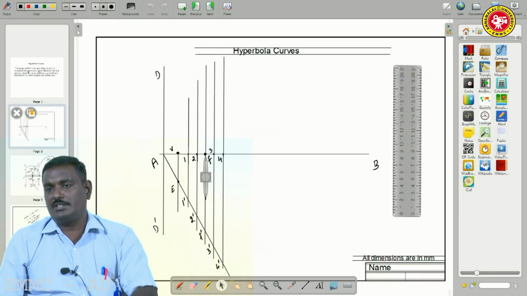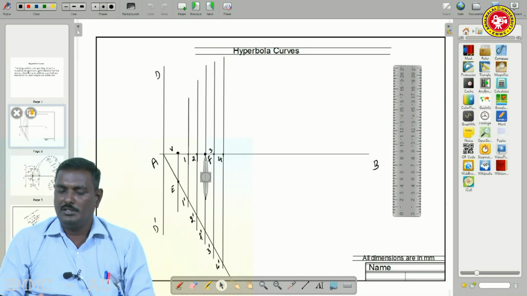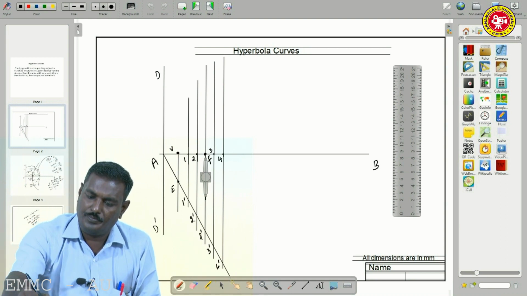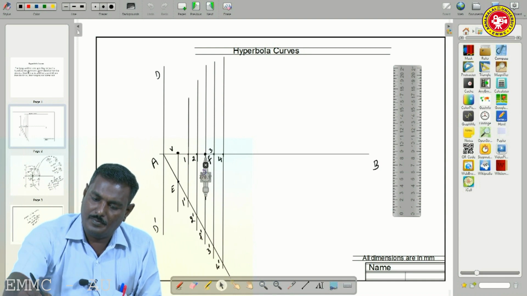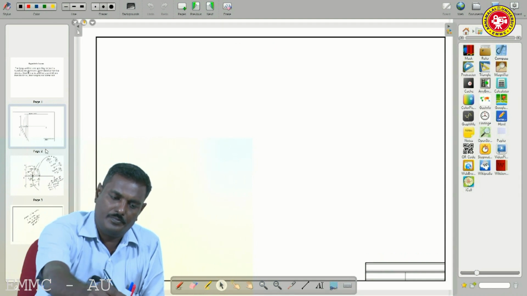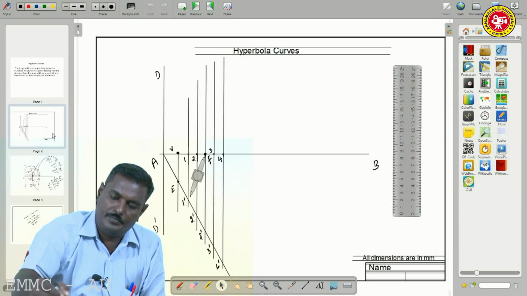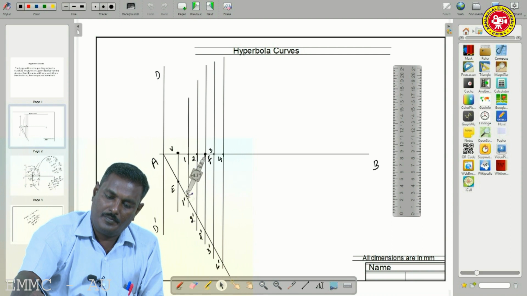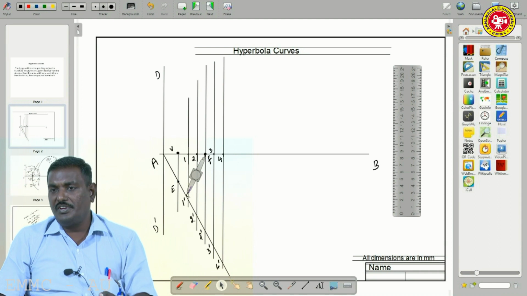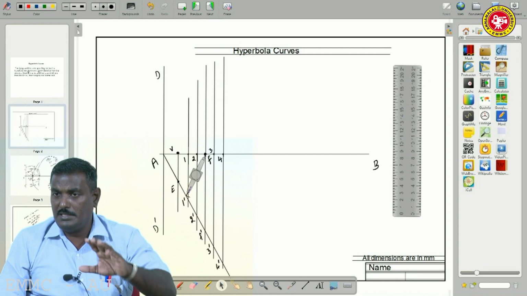Make an arc to intersect the line from 1, both above and below.